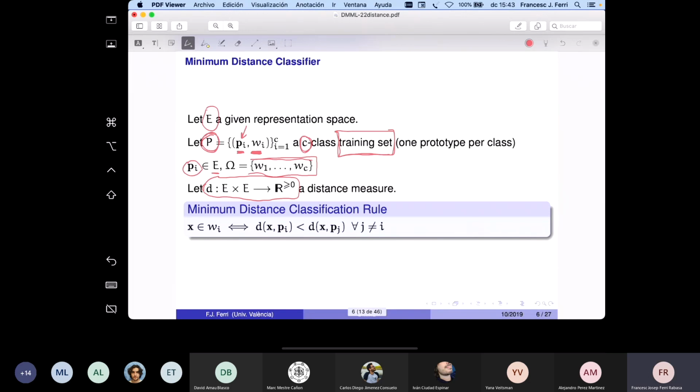Okay? Then we can state the minimum distance classification rule, as it's called, as follows.